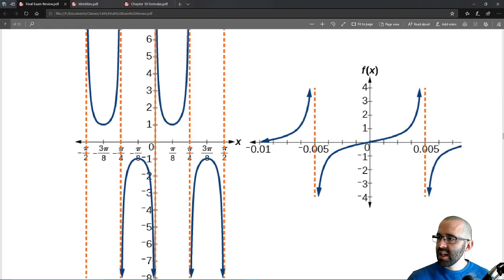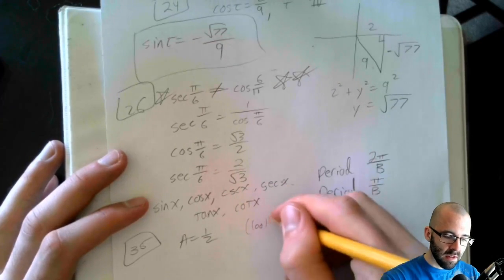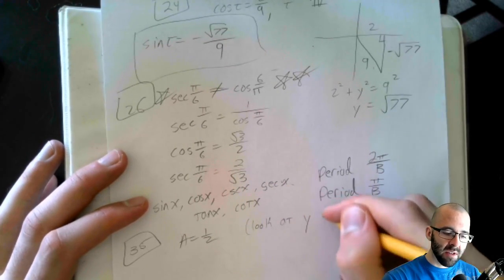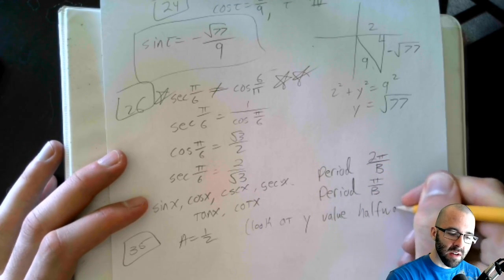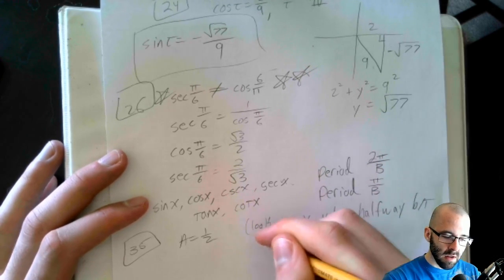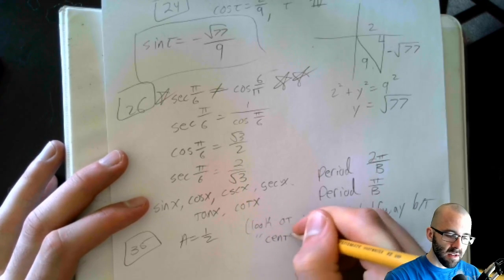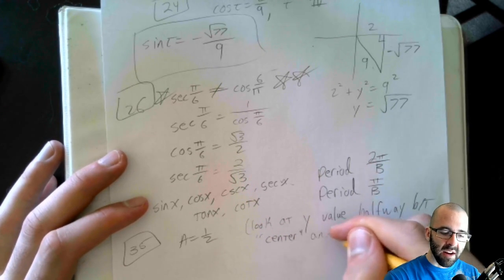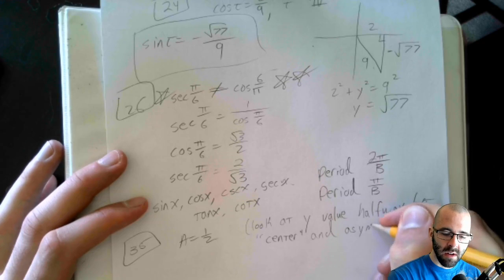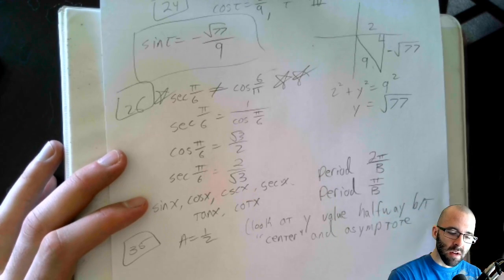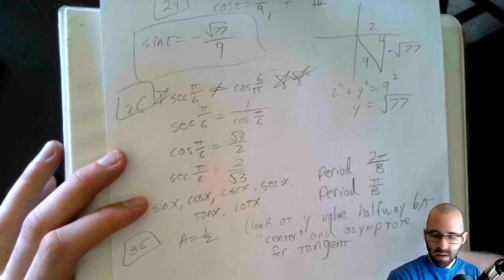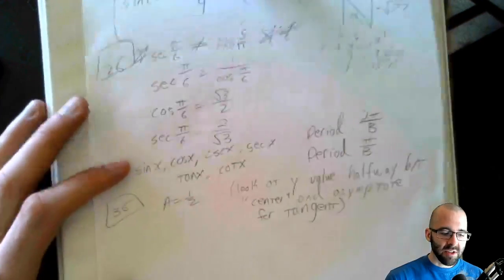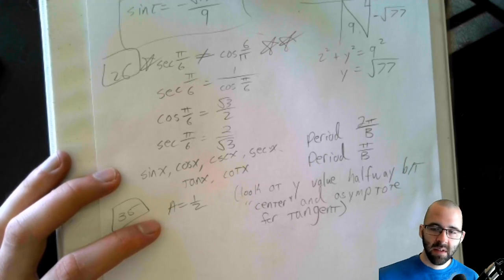And what you want to do for tangent, look at the y value halfway between center and an asymptote. And the stretching factor is usually the harder one.